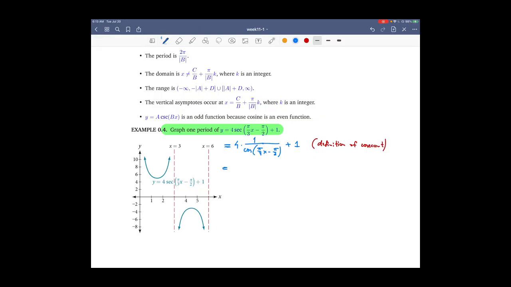Now, because cosine is even, I can flip the negative sign in the argument of cosine, and say that cosine of alpha minus beta is cosine of negative beta minus alpha. Factor out the minus. But now by the fact that cosine is even, I can ignore the minus and write that this is cosine of beta minus alpha.